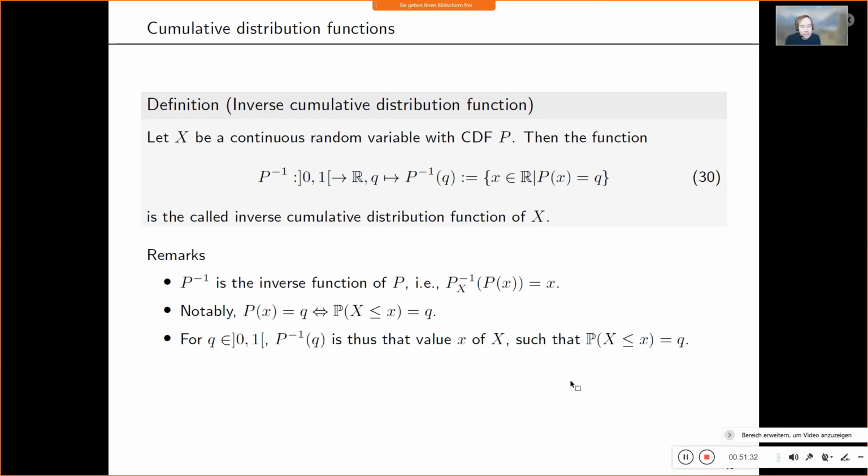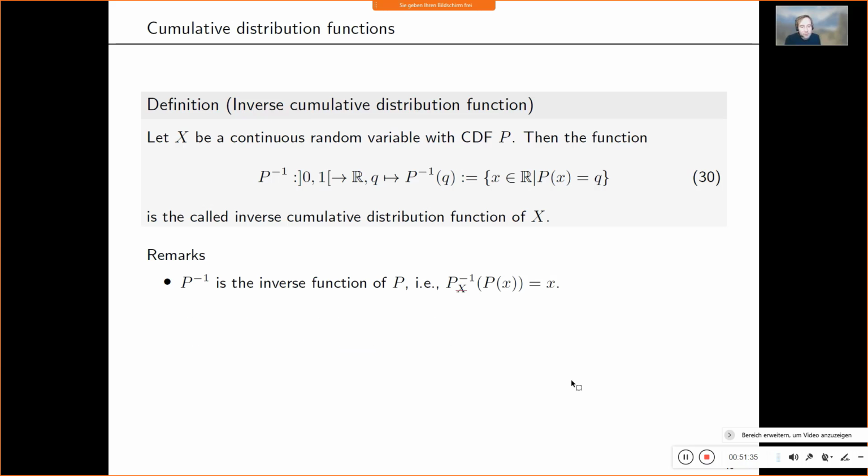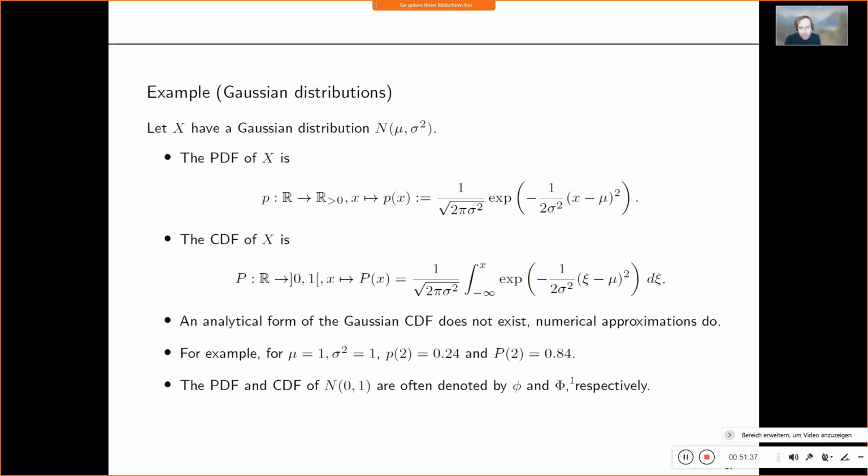So in principle this is all easy, but then spelling it out sometimes is a little bit tricky.